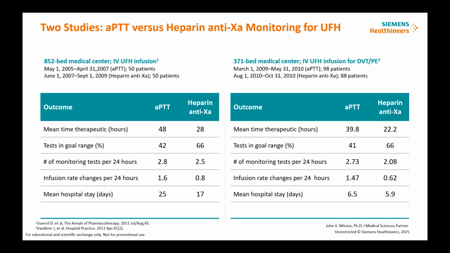Mean hospital stay decreased in both settings. Of course, one could argue whether 6.5 and 5.9 is statistically significant, but in the grand scheme of things, you do see an overall reduction. And I think what's important here is the mortality rate, where there was a significant reduction when using the anti-10A to monitor these patients.